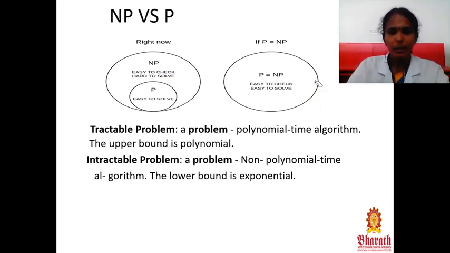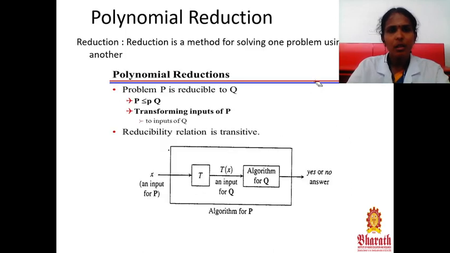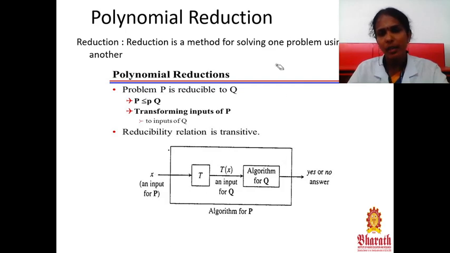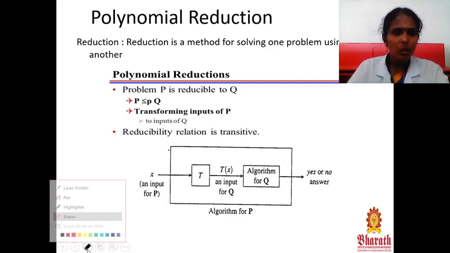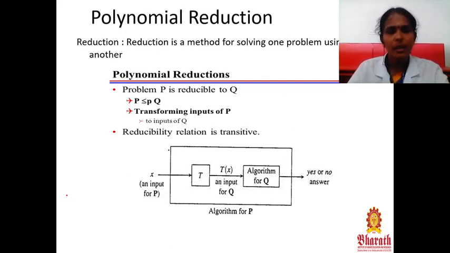Next, how can we solve the non-deterministic polynomial time problems? If it is a P-class problem, it is easy to solve, but an NP problem is hard to solve, as we discussed earlier. So how can we reduce the complexity? By using reduction, which I can call polynomial reduction. Reduction is a method for solving one problem using another.